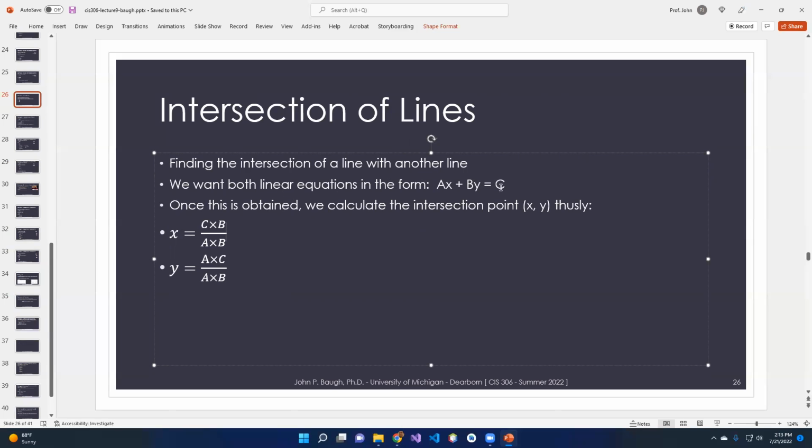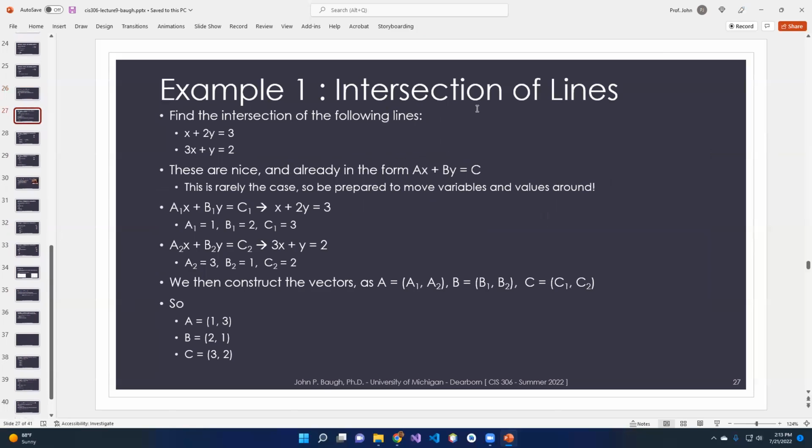So once that's obtained in that form, you can then calculate the intersection point x, y thusly. So the x ends up being c times b over a times b, and then a times c over a times b, using cross products. Okay, so you have to pay very close attention to what the coefficients are.